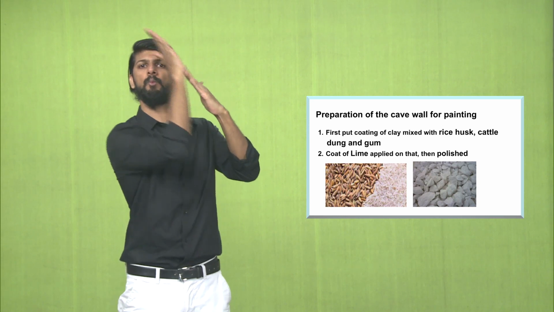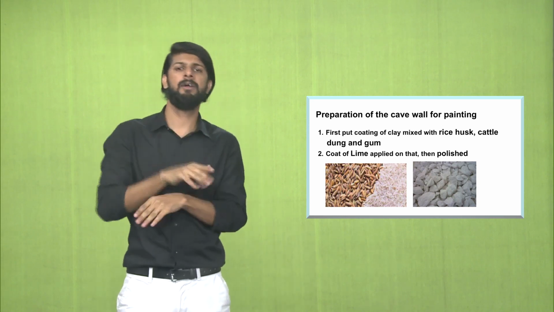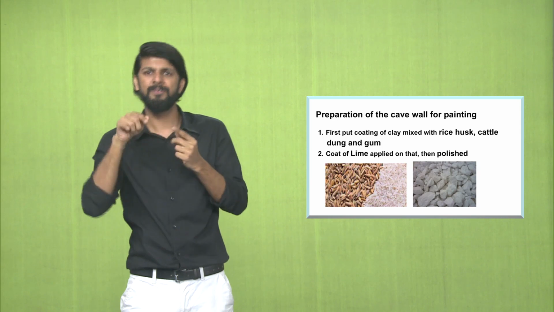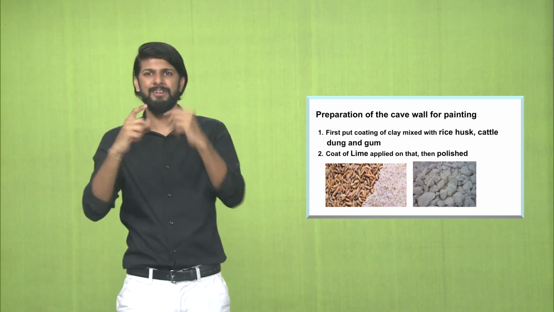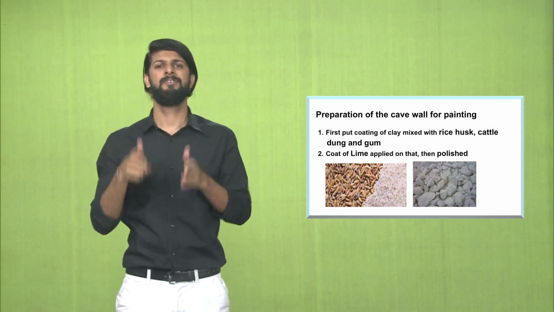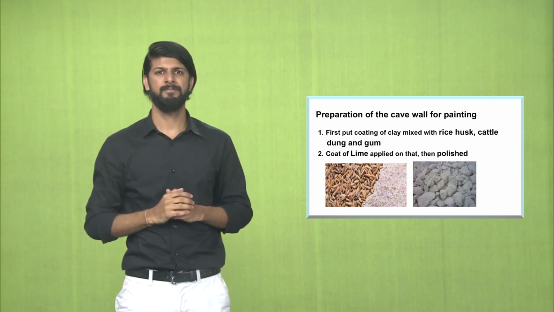Then the coat of lime was applied and then it was polished. So, in fact, there were two coats, and this is how the preparation of the cave wall was done.